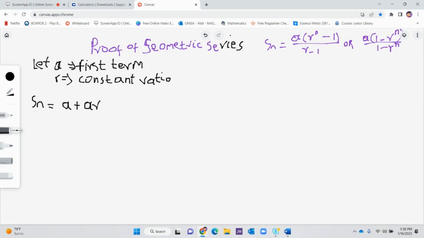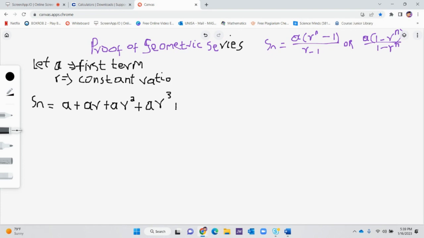The third term is multiplied by the constant ratio also, so it's ar squared. The fourth one, still the same, multiply by r, so we have ar cubed.